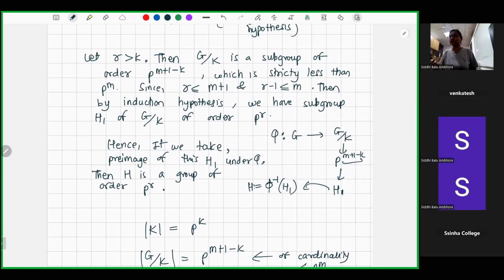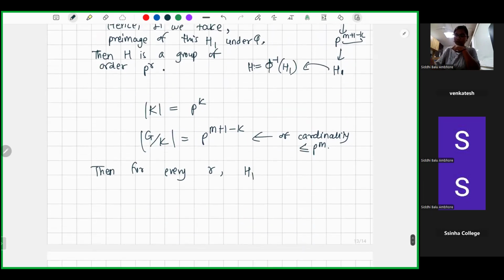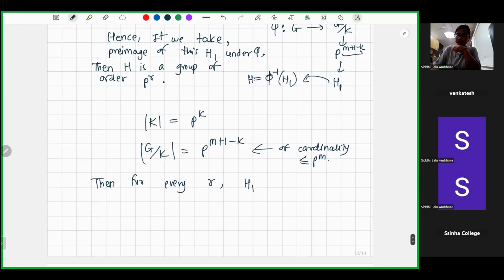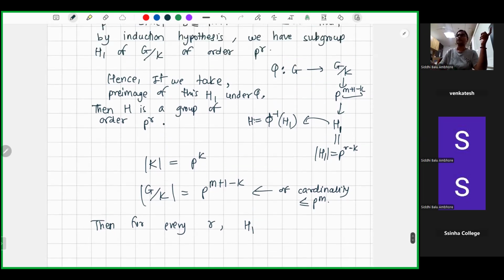Is that okay? The order of this H1 is p power r minus k. And when I take the pre-image of it, that k gets added because it was 0 under this quotient by k. I hope this is okay.